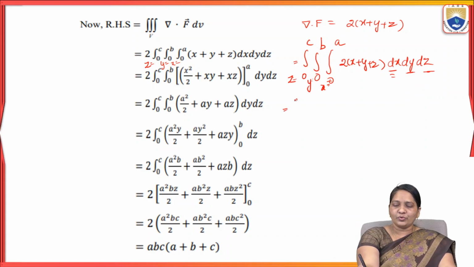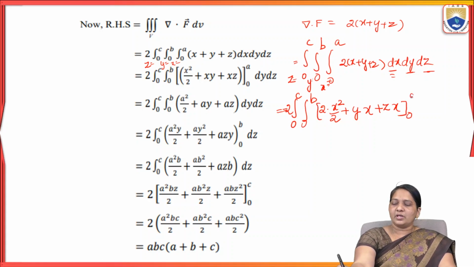Now I am doing first with respect to x. So 0 to c, here 2 is the constant taken out, integral 0 to b. Now with respect to x: 2 into integral of x is x square by 2, plus y is the constant, integral dx is x, plus z is the constant, integral dx is x. Limits are 0 to a. Remaining dy dz. Now the 2 will be cancelled. Here 2 integral 0 to c, integral 0 to b.